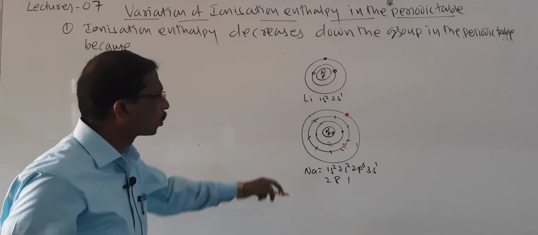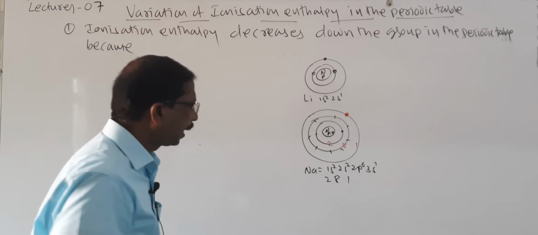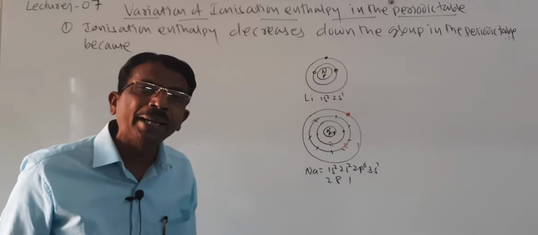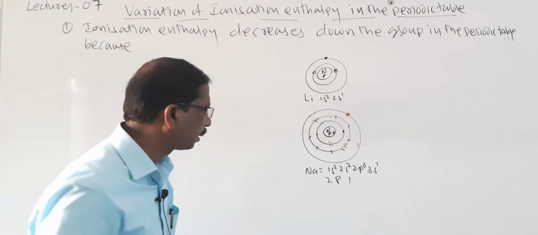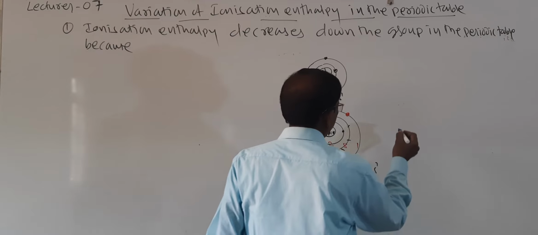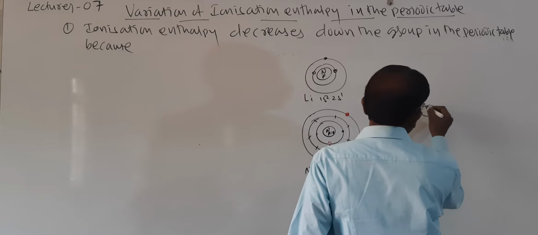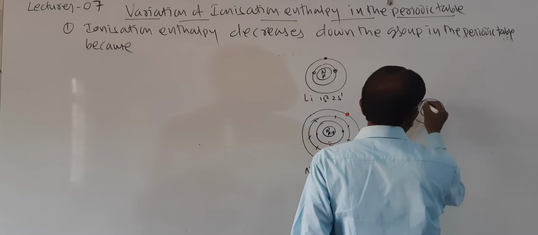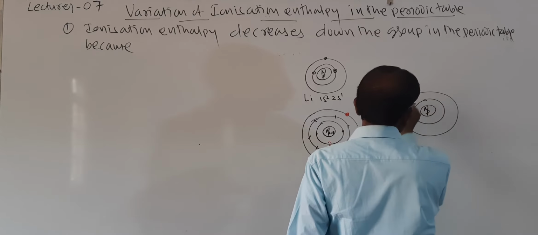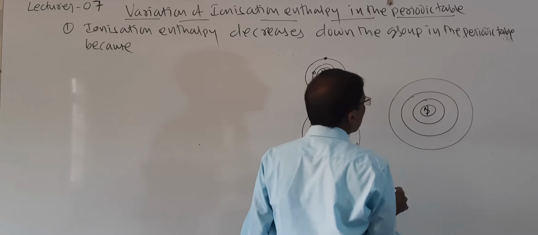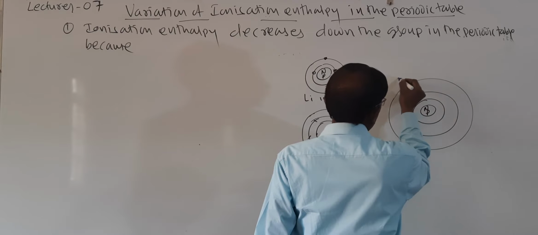It is lithium, sodium and potassium, and again if you go to rubidium, 37, then you will get like this. Neutrons, protons, 2, 8, and then another one, and another one.